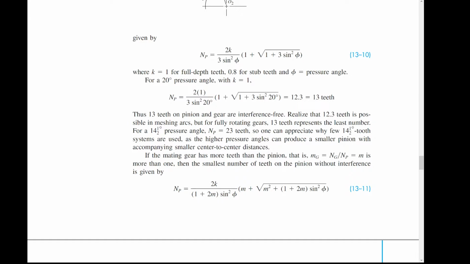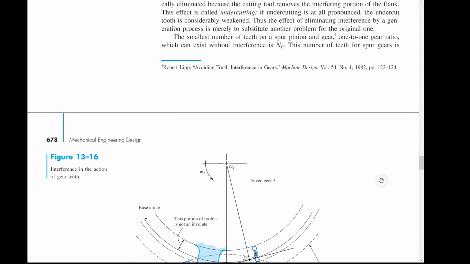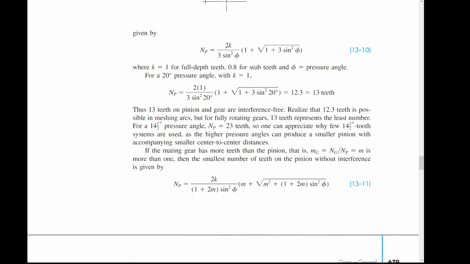Okay, so they say 12.3 equals 13 because you're not going to have 0.3 teeth, so you round up to the next one, because we're going for the minimum, right? Because as we say, the smallest number of teeth. There we go, minimum. Thus 13. Let me check that, let me see if I can pause things.